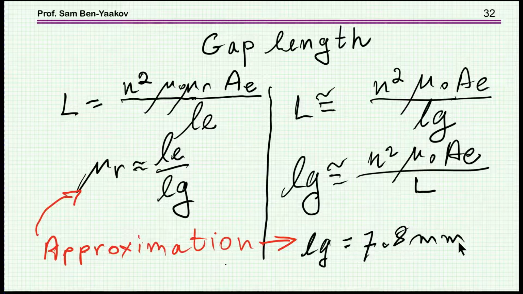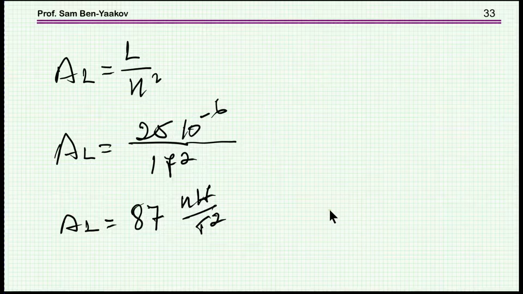Okay, this is an approximation. In reality, what you'd like to do is, after you build up the inductor, just adjust the gap and measure the inductance until you get the one that you need. Now I can check it against data given by the manufacturer in the following way.